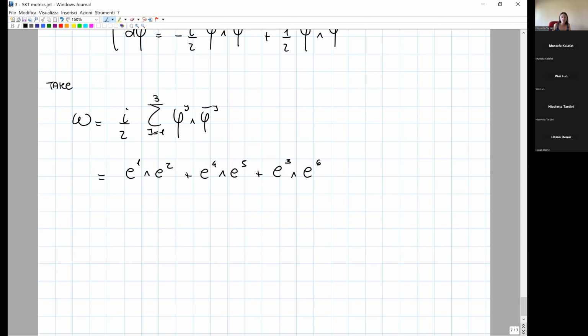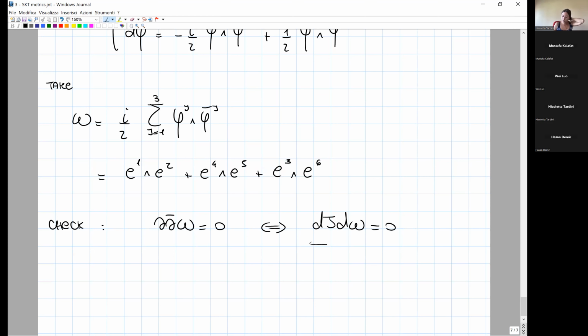This is a Hermitian metric compatible with the complex structure. And you can check that this is SKT, so delta bar omega equals 0, or equivalently, dJd omega equals 0.